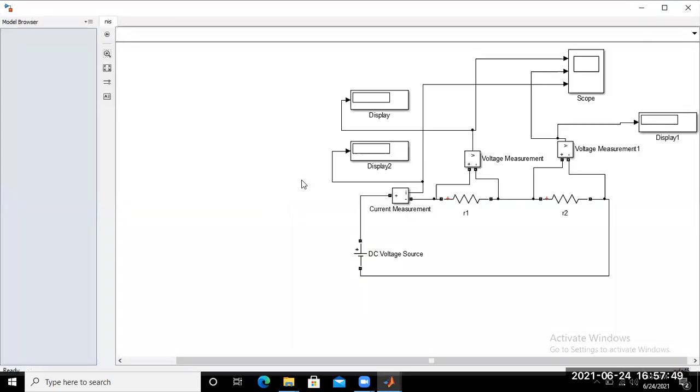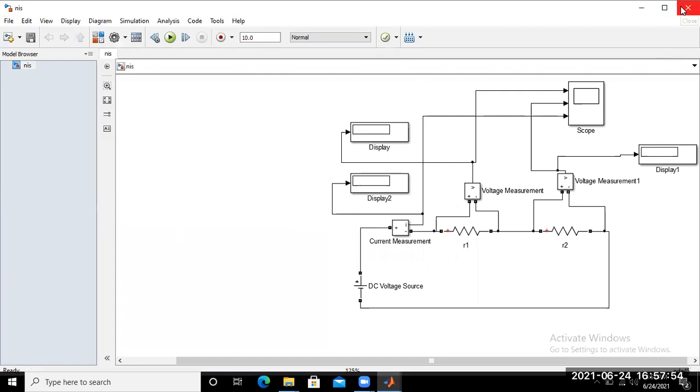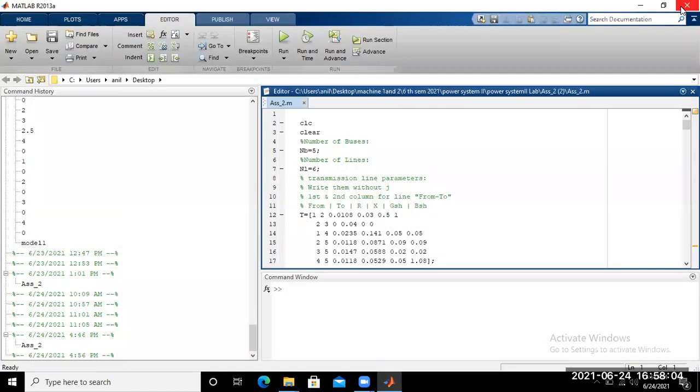So bus number 1 may or may not be connected to bus number 2, and may or may not be connected to bus number 3.